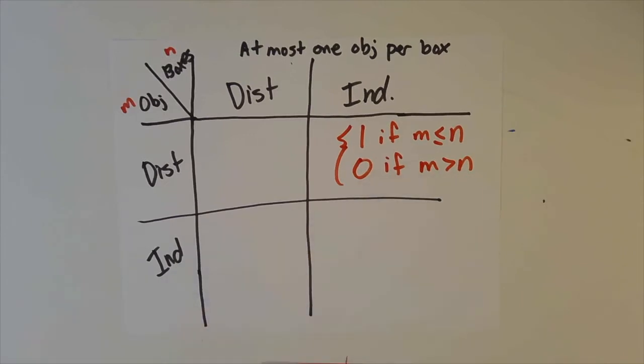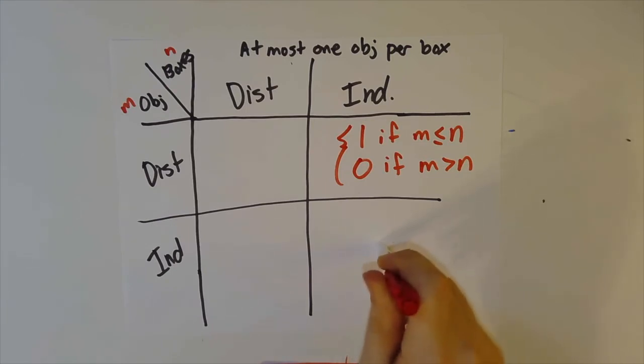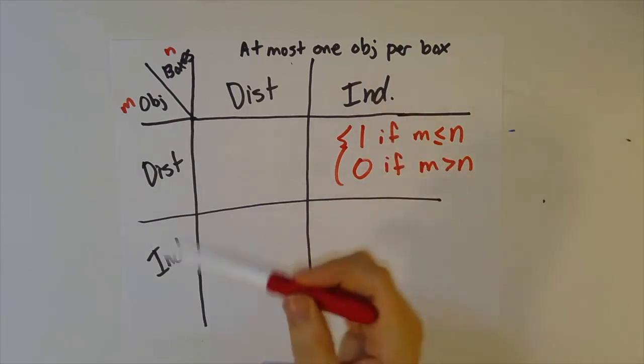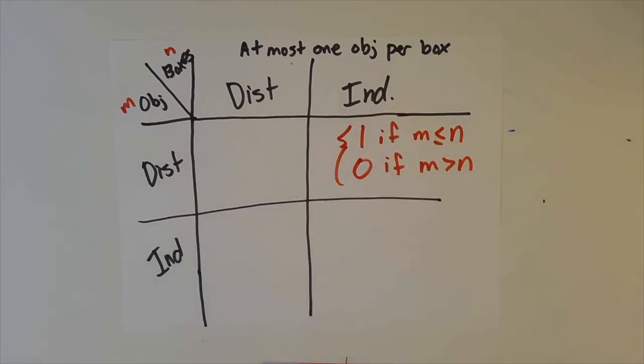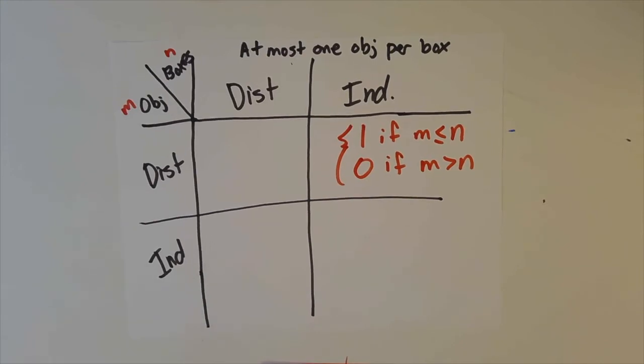Okay, let's, while we're here, also think about this corner. So we're again putting things in indistinguishable boxes, at most one per box. But now the things themselves are indistinguishable.